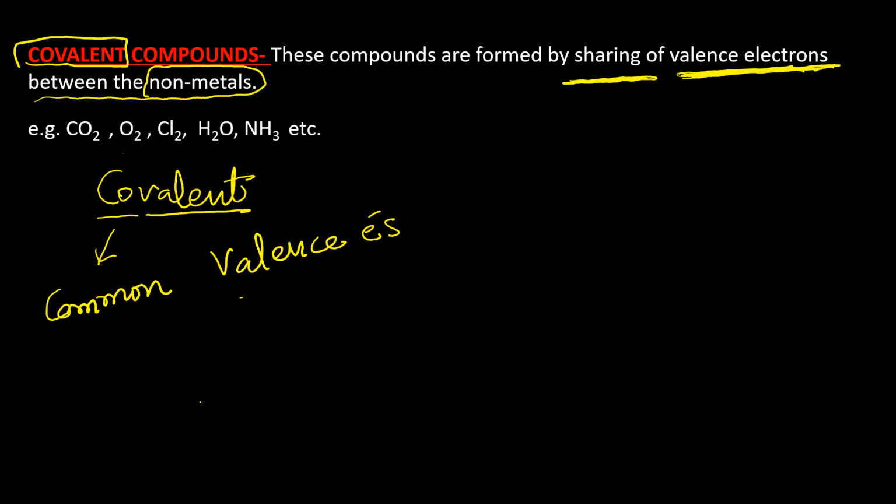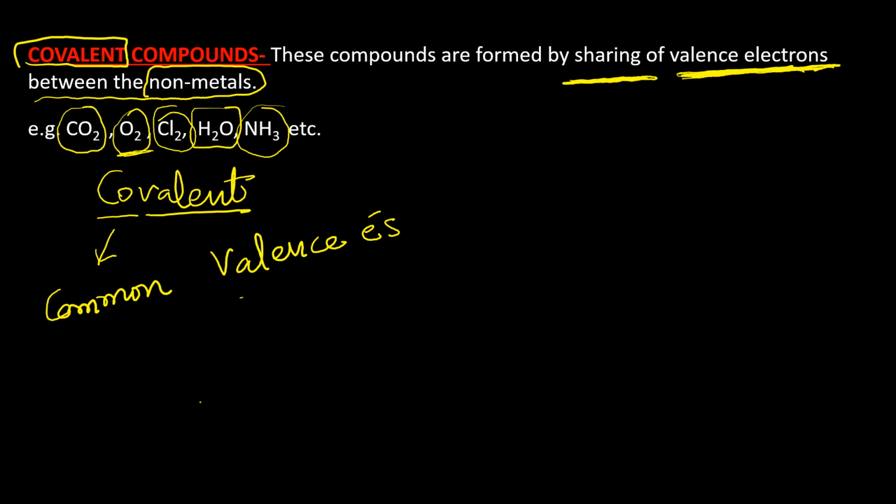Some examples are a very common molecule, oxygen. Everyone might have heard about it. Carbon dioxide, a very familiar molecule. How about water? Water, ammonia, chlorine, all these are covalent compounds. Other than that, there are many other covalent compounds.